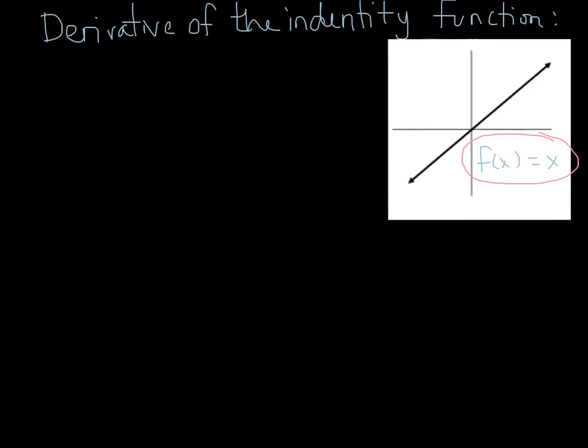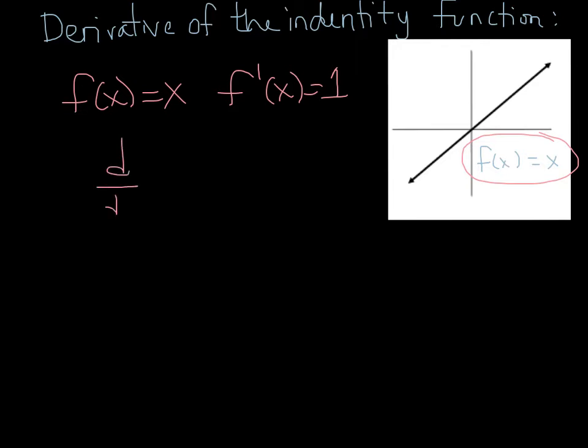So again, in terms of derivatives, where derivative is just a funky way of saying slope, if f(x) is equal to x, it should not be any stretch of the imagination for you to know that the derivative of x is always equal to 1. So the derivative of the identity is always equal to 1. We say that then d/dx of x is equal to 1. That's the derivative of the identity.